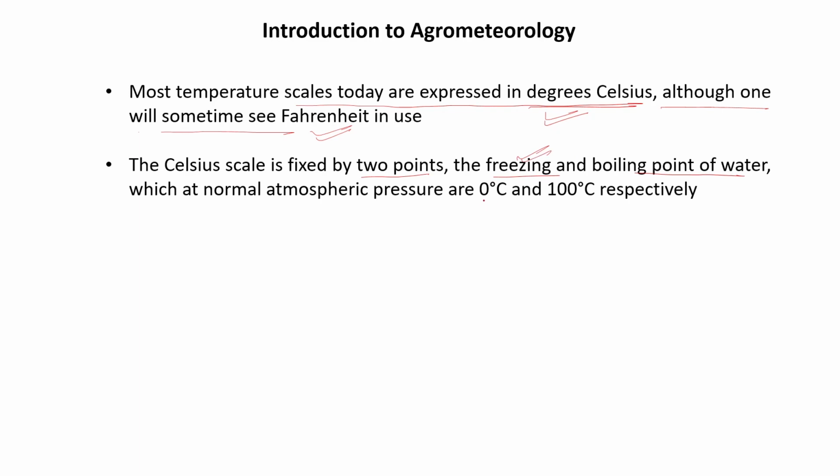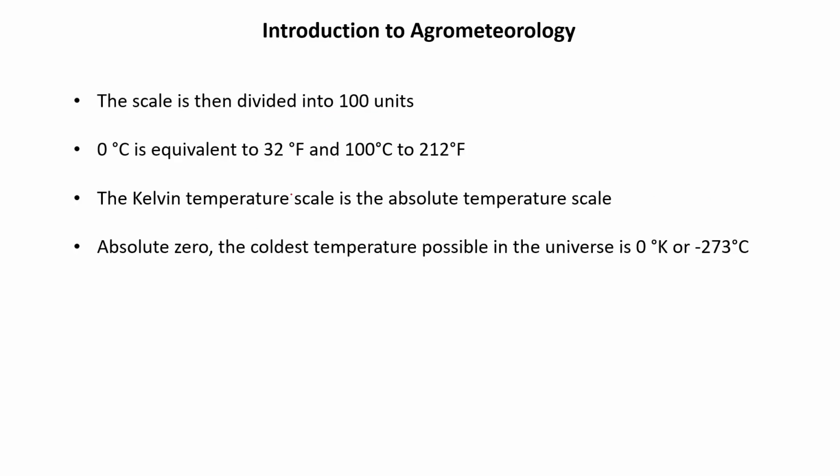The freezing point of water is around 0 degrees centigrade, and the boiling point of water will be around 100 degrees centigrade respectively. This is recorded at normal atmospheric pressure. The scale present on the thermometer is then divided into 100 units.